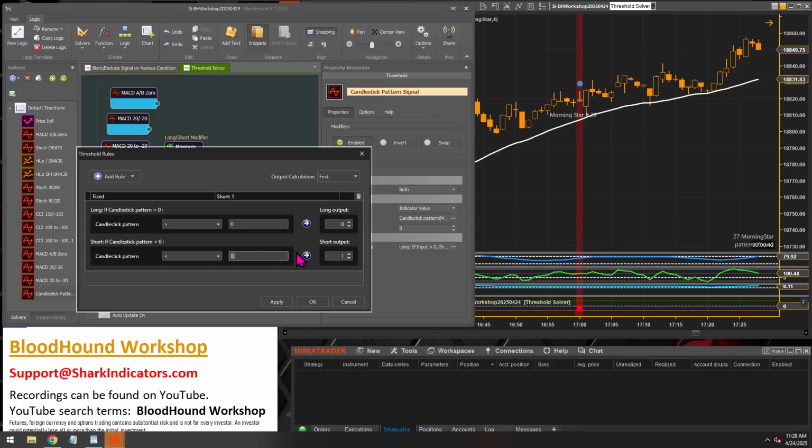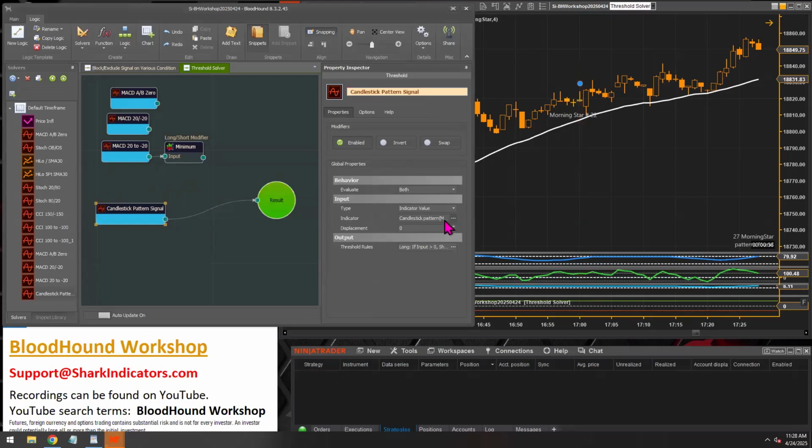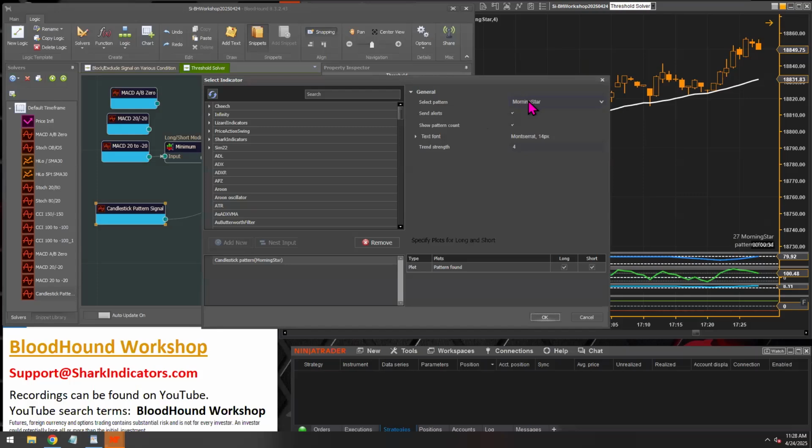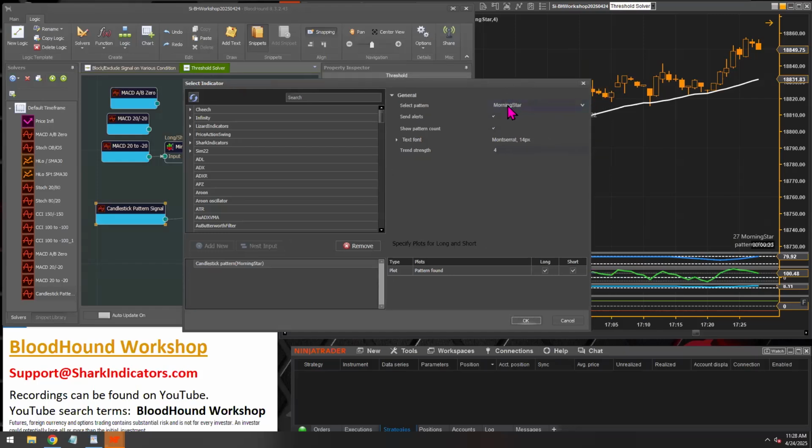But because the candlestick pattern only identifies one pattern at a time, it doesn't identify a long pattern and a short pattern together. So it makes sense that this particular indicator only outputs a positive value for both long patterns and short candlestick patterns. So you do need to make sure you fully understand what the values are that it's outputting there.